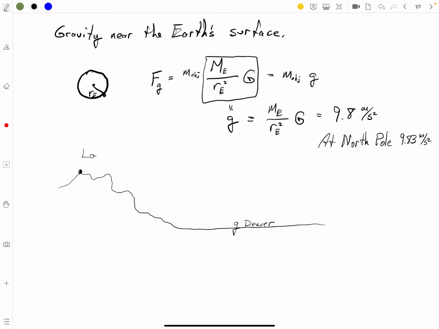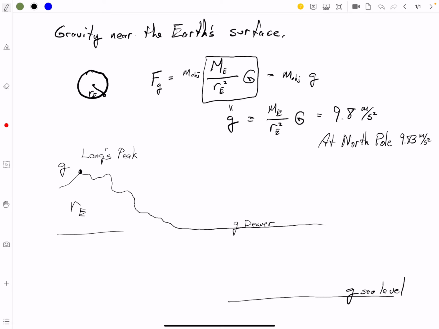I like Long's Peak. So there's the top of Long's Peak. The gravitational constant is going to be different there. Just for one fact, the radius of the Earth is different, right? In fact, Denver's a mile high, right? So down here, let's say that's sea level. G at sea level is going to be different.